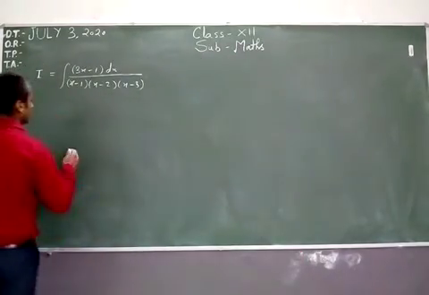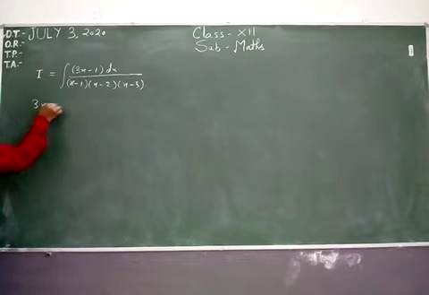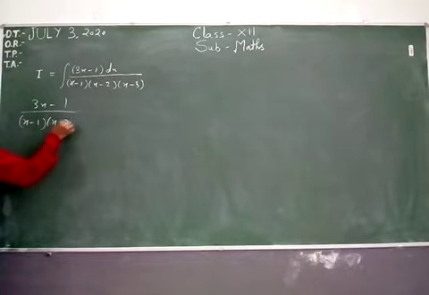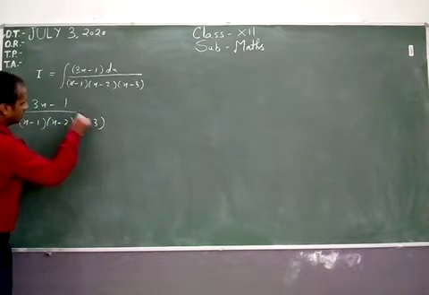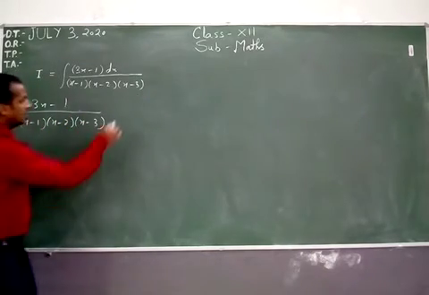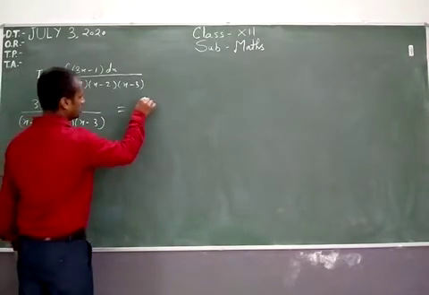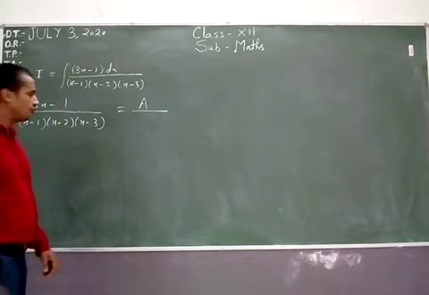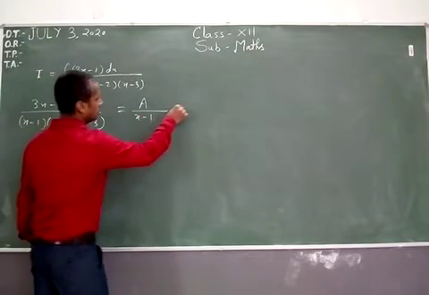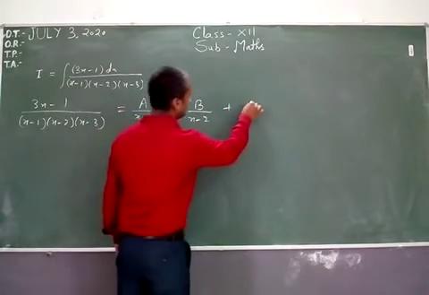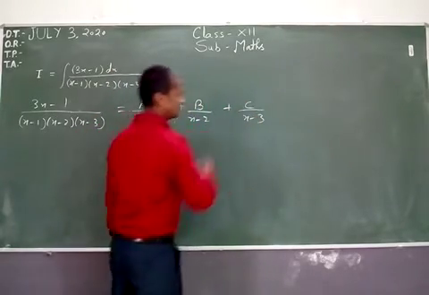With arbitrary constants A, B, C, we can write the given function in partial fraction form: A upon (x - 1) plus B upon (x - 2) plus C upon (x - 3).